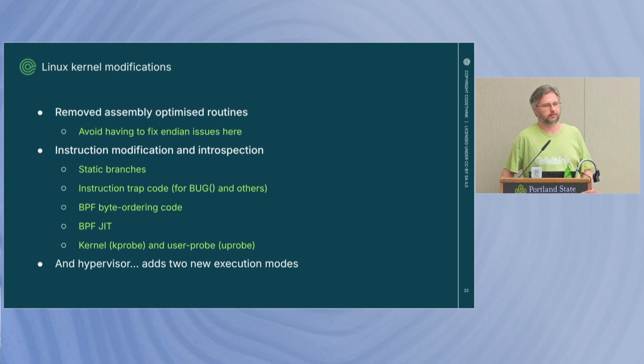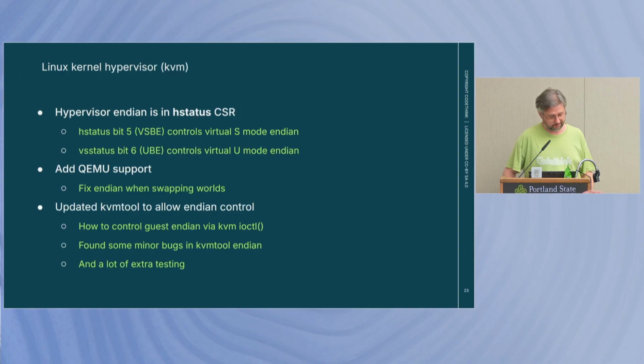Oh, and of course, then we got reminded that there's a hypervisor involved, which adds two new execution modes. So a little bit about the kernel hypervisor. If you're using KVM on RISC-V, there's a new H status control and status register, and that's been extended to have a VSBE control, which is your virtual supervisor mode endianness.